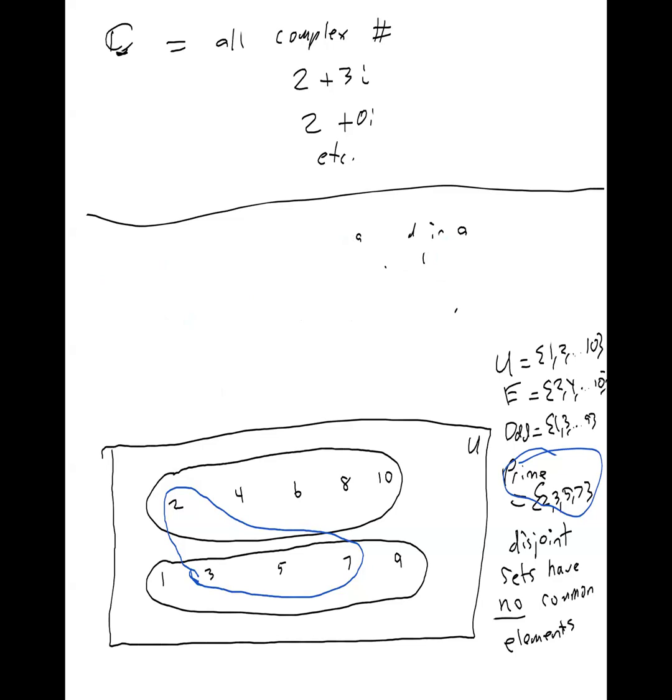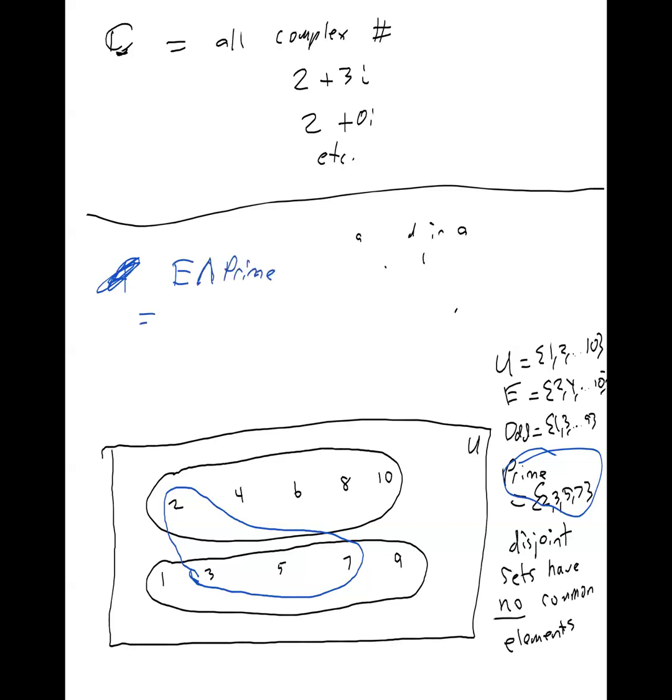Okay, so what is the result of this? Even numbers intersect prime numbers.